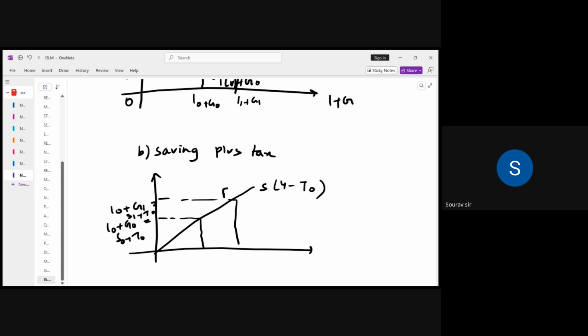So here the equilibrium E-bar, and it will be E, so that is Y0, Y1. And this is Y, this is S plus T, the saving plus tax.